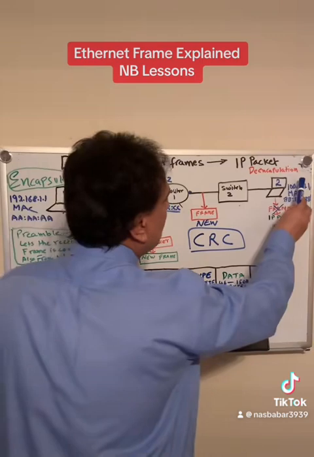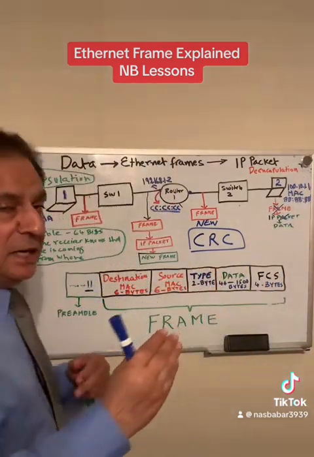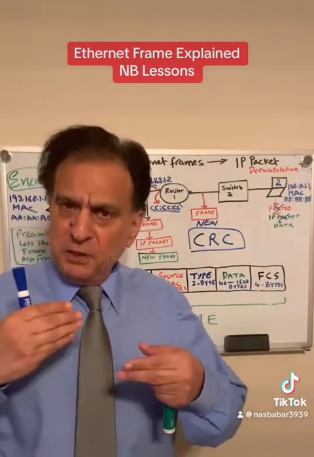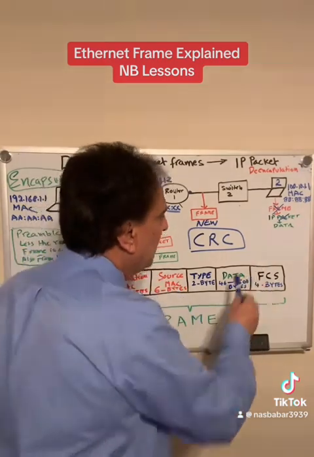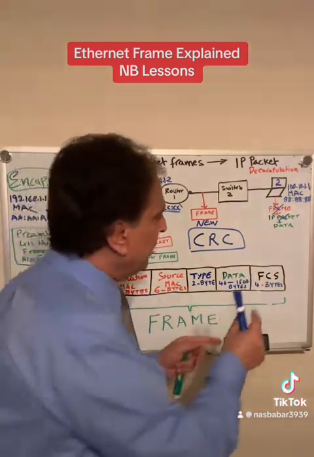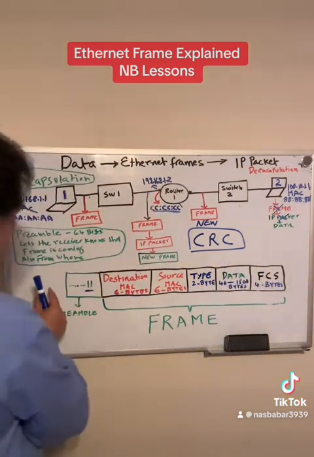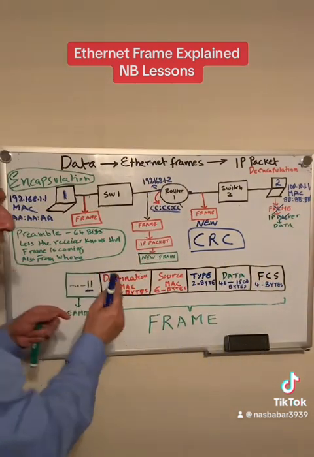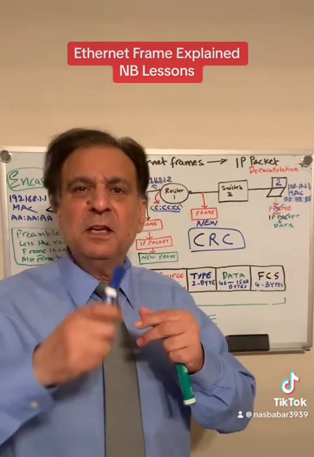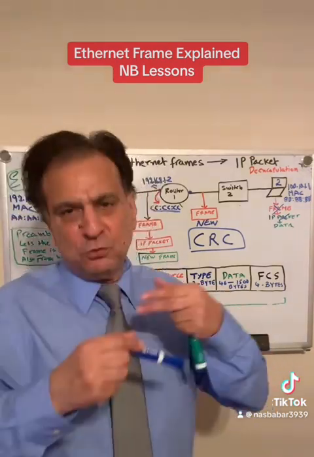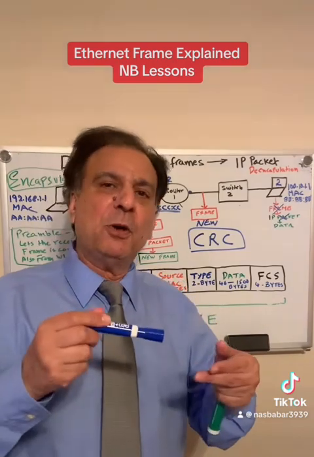When the receiver receives this frame, it does the same thing. It uses the same mathematical algorithm, and this number has to match. So if the FCS number does not match, then it sends it to a higher layer like TCP to resend the packets and so forth. But we're not talking about TCP right now.